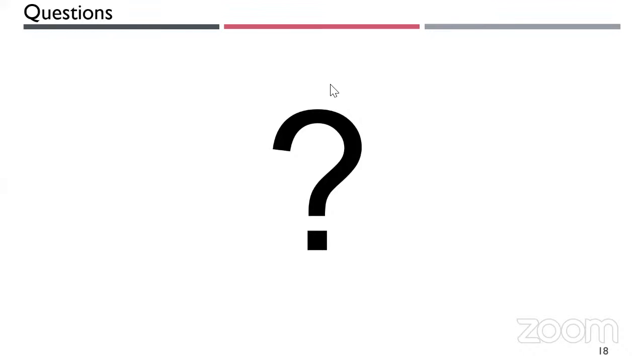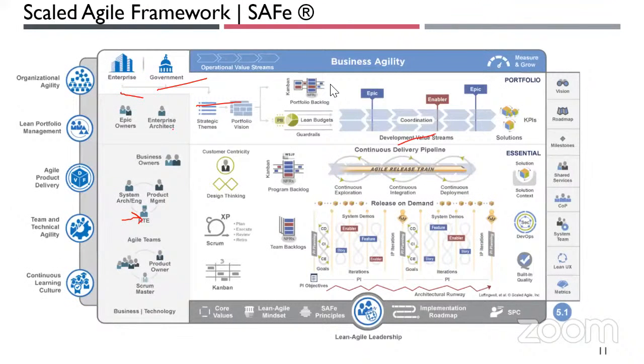I have worked on SAFe implementation in telecom, banking and financial services, insurance, pharmaceutical, and automobile, where I have been a part of teams which have implemented the Scaled Agile Framework. But there are many. If you go on the Scaled Agile Framework website, you will see more industries which have implemented it.